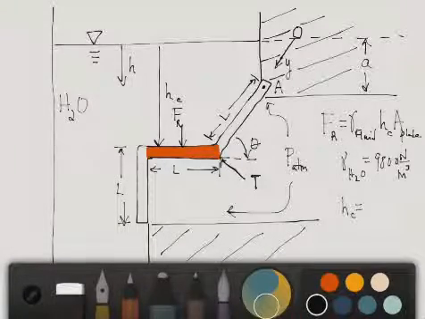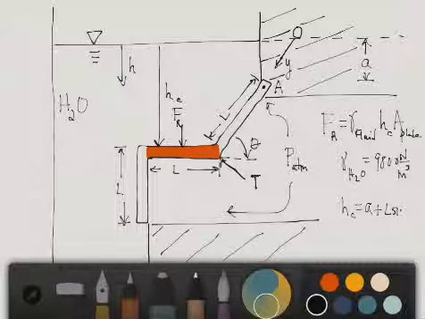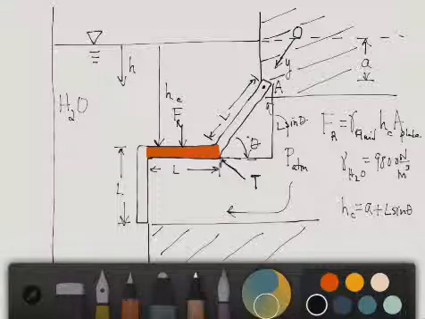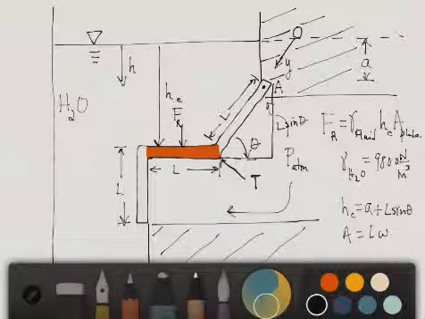And again, I change this to here. So this is going to be A plus L sine theta, because we're only concerned with the horizontal component here. And this is our L sine theta. All right. And so now we have those two pieces, and the area of the plate, again, is L times omega. So we should be able to substitute the appropriate things in there.